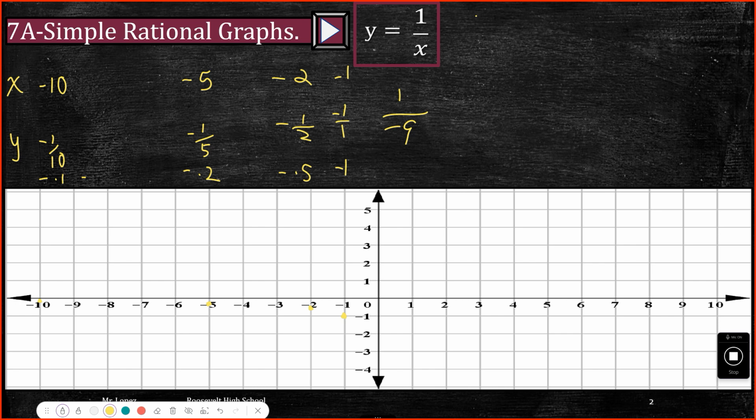And if you go in between negative 1 and 0, say negative a half. Okay, let me do that now. If I plug in x is negative a half, so I have 1 over x where x is negative a half. What's the output when you do 1 divided by negative a half?